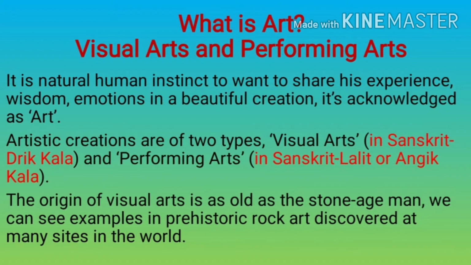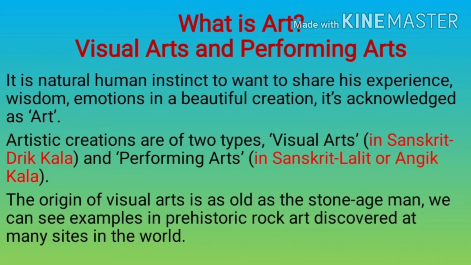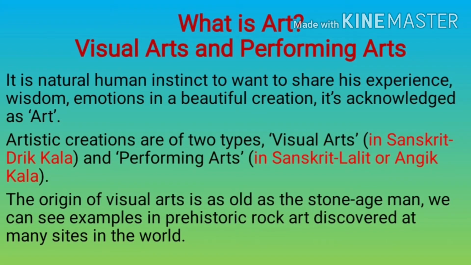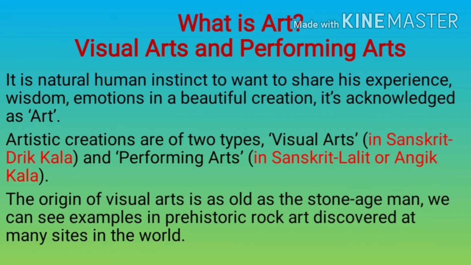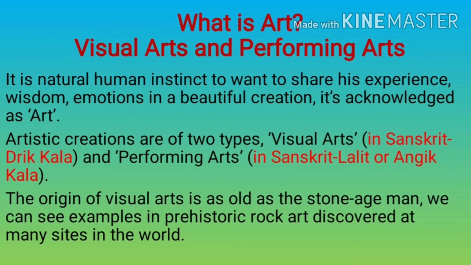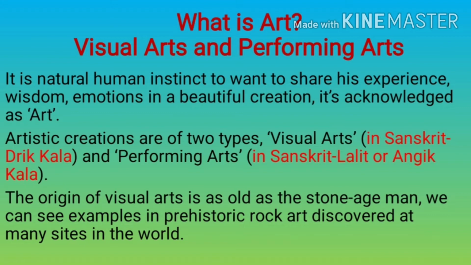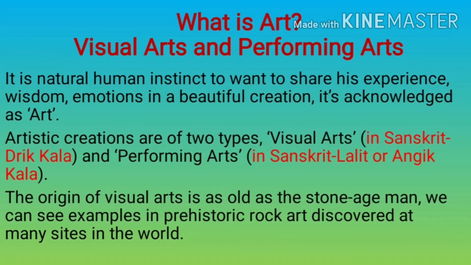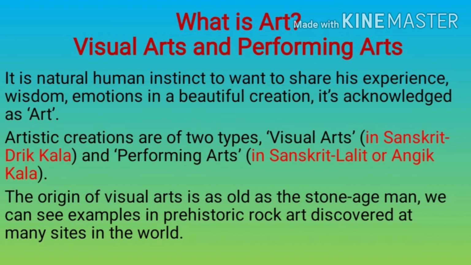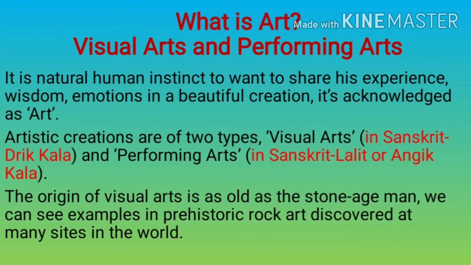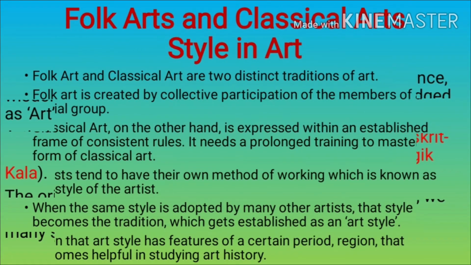Artistic creations are of two types: visual arts, which is known as chitrakala in Sanskrit, and the second one is performing arts, which is known as lalit or angik kala. The origin of visual arts can be traced as far back as Stone Age man, and we can see such examples in prehistoric rock art that is discovered at many sites in the world.